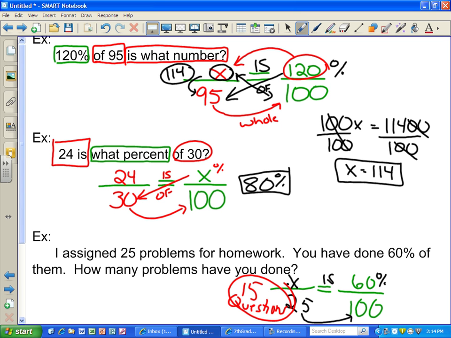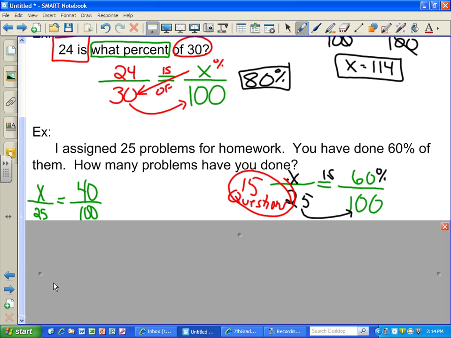So if you've completed 60% of the questions, what percent did you not complete? So I can extend this problem to say the percentage that you did not complete is 40% out of 100. So 40% of 25 questions is how many questions?